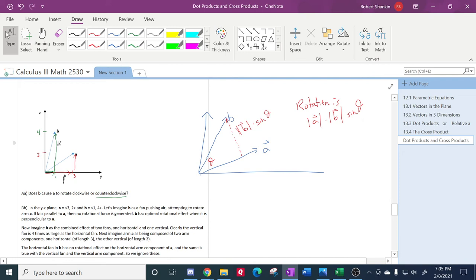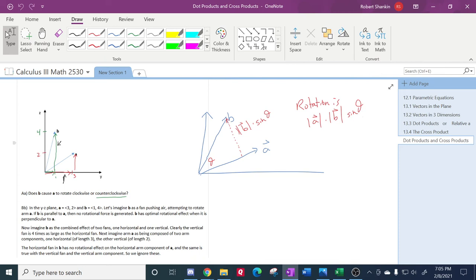Now the effect on this one arm or plank is the same as the combined effect of the 2 fans on the 2 replacing planks, the horizontal and vertical component of this plank. And when we do everything horizontal and everything vertical, the advantage of that is horizontal fans don't push horizontal planks, they don't turn them at all.